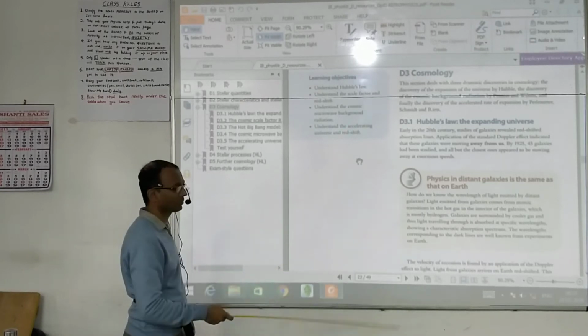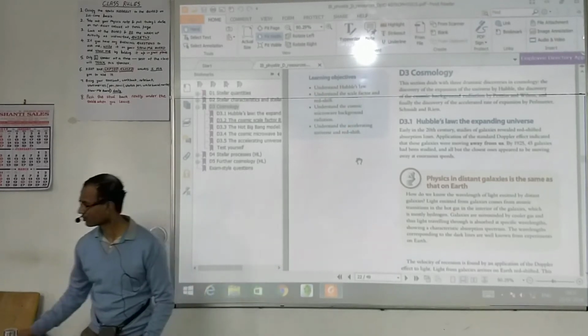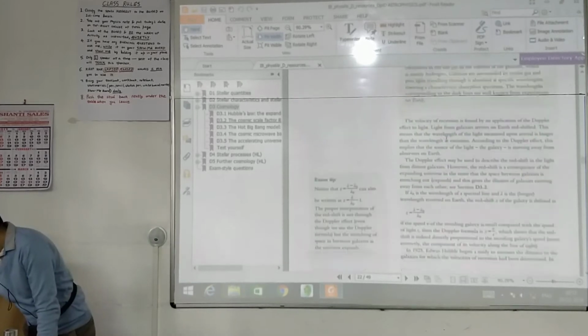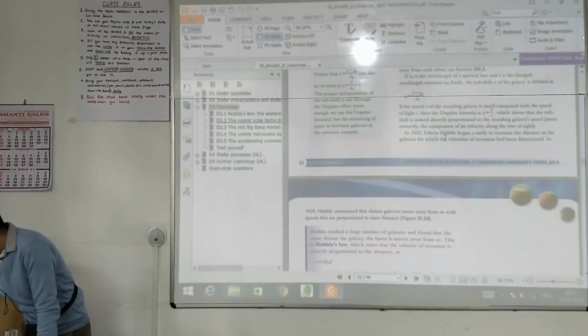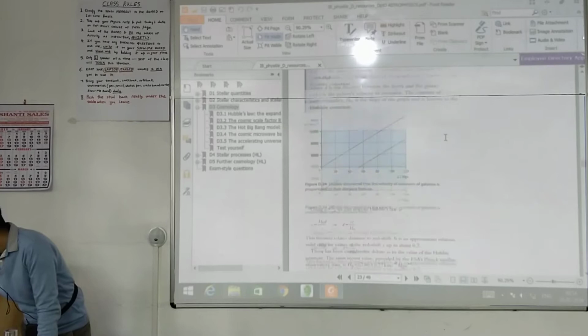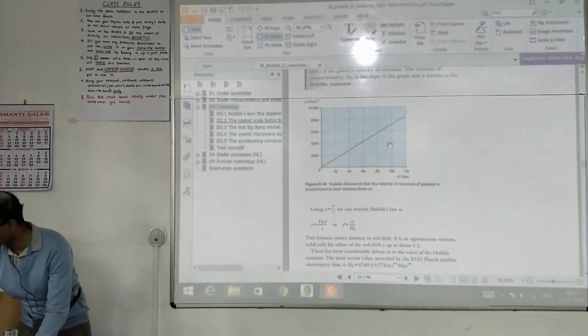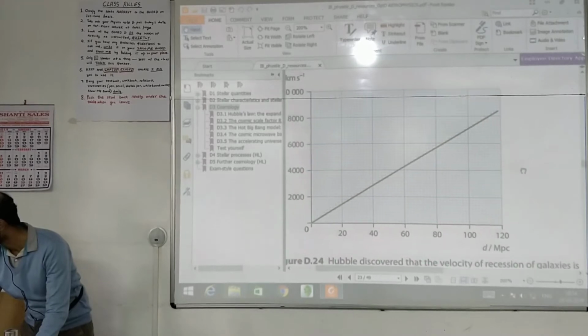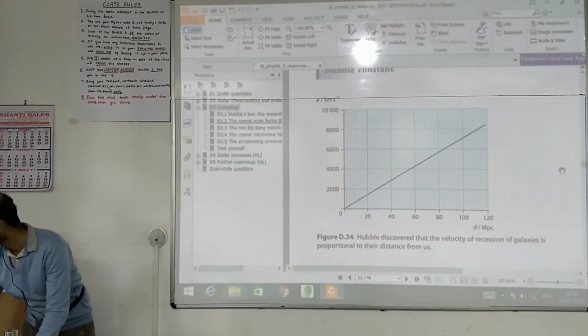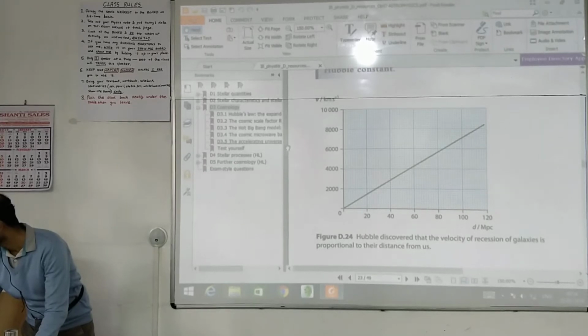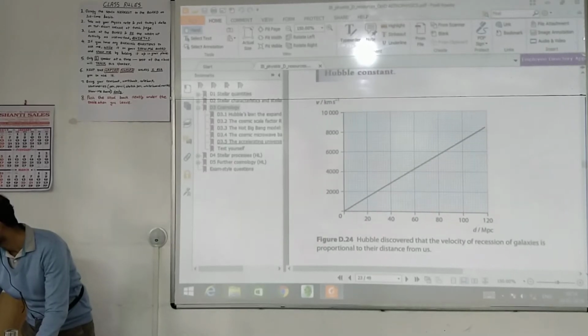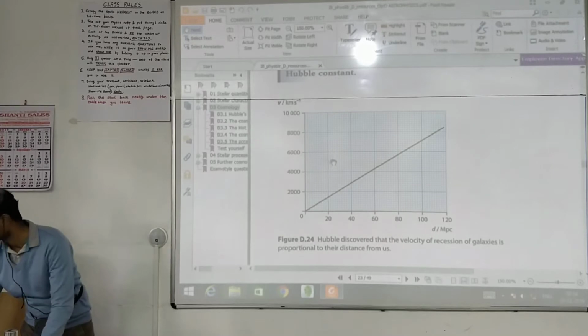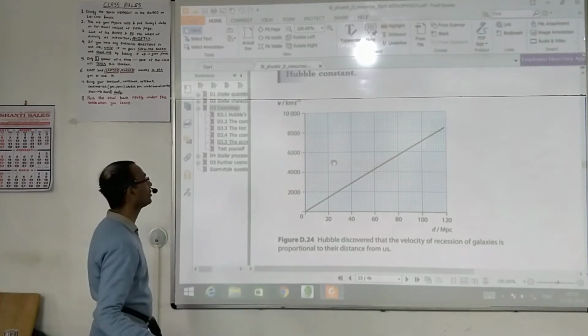So let's look at Hubble's law. Okay. So this graph you need to understand. Okay, so can you see the units here?